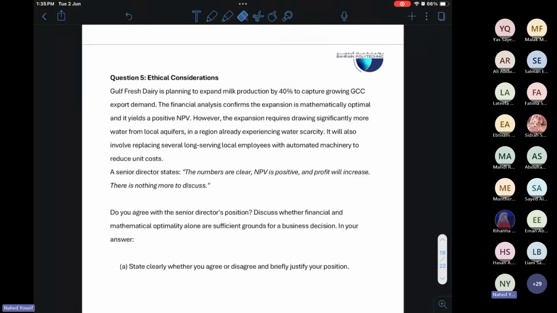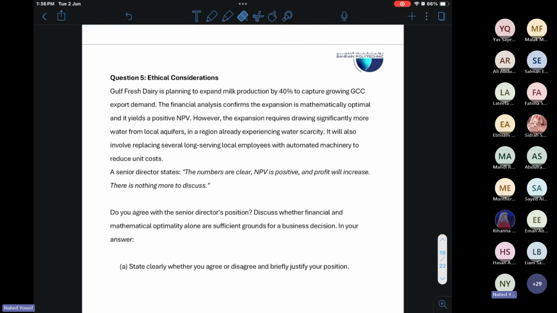However, the expansion requires drawing significantly more water. So this is one concern. We need more water from the local aquifer, and the region already has water security issues. You know that we are in shortage of water in the GCC. We don't have fresh water actually.